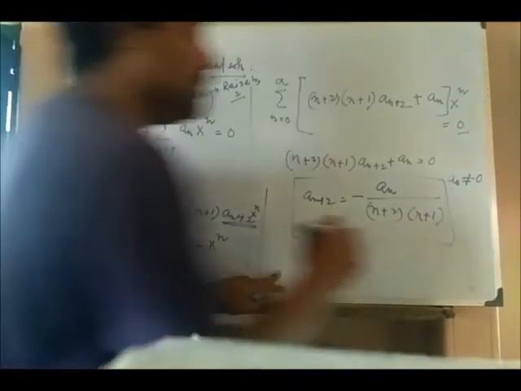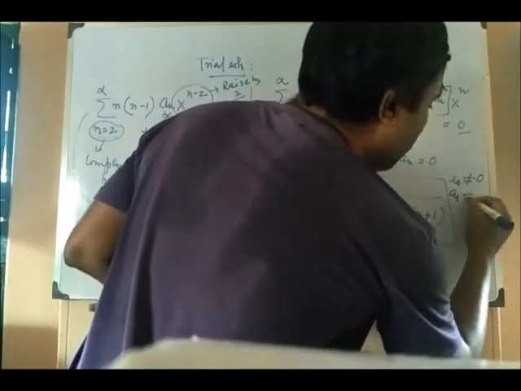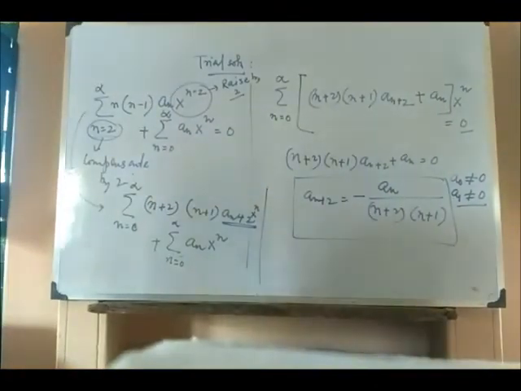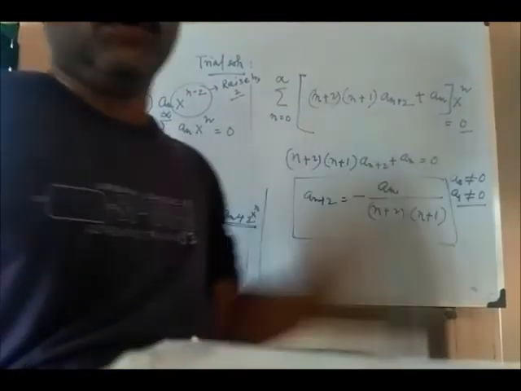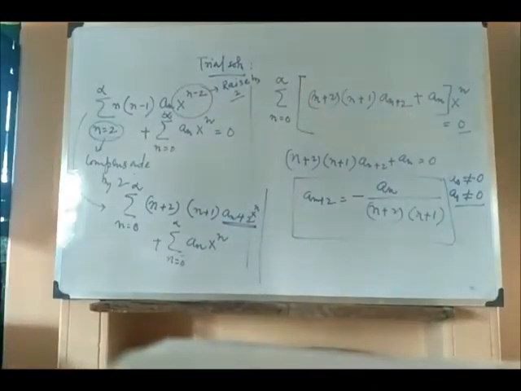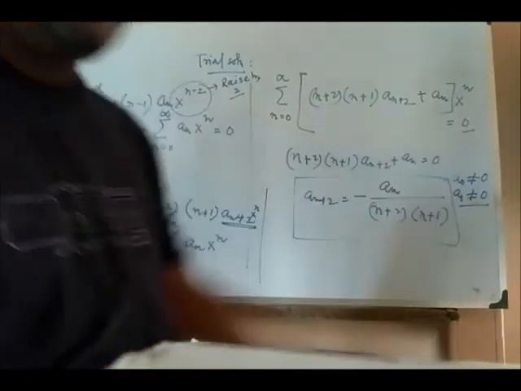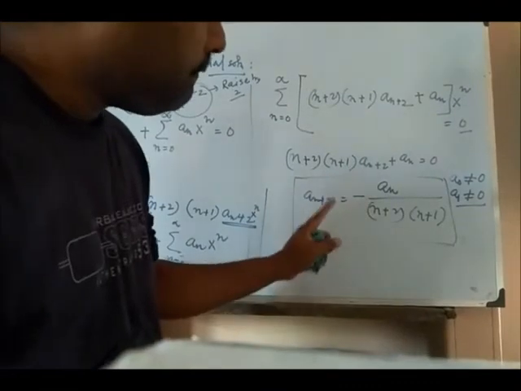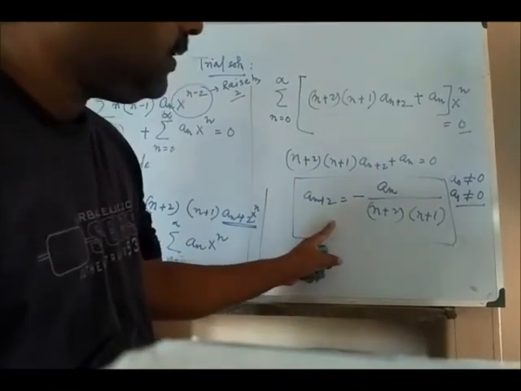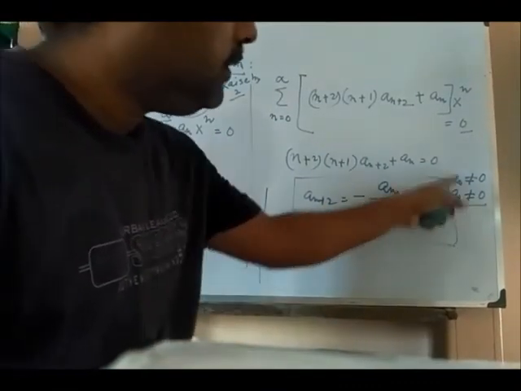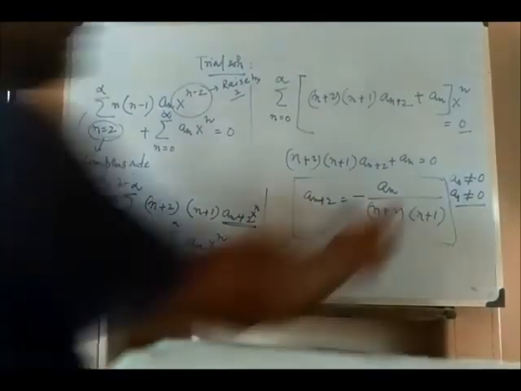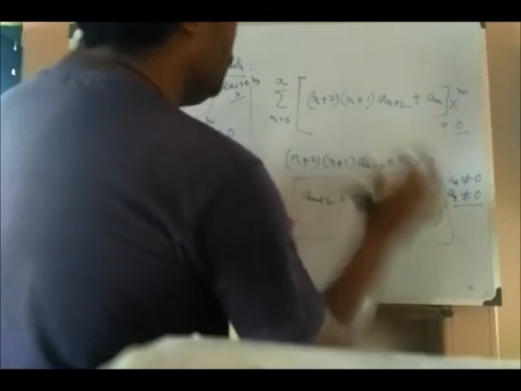The same proposition goes for a_1, that it is also not equal to 0. If we take these two propositions, then we can write the whole equation in terms of two arbitrary coefficients.